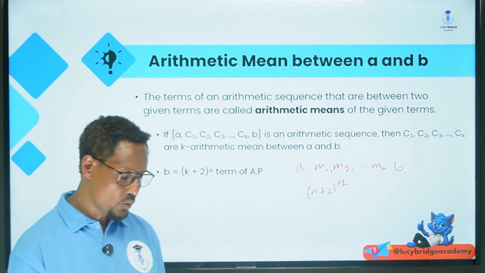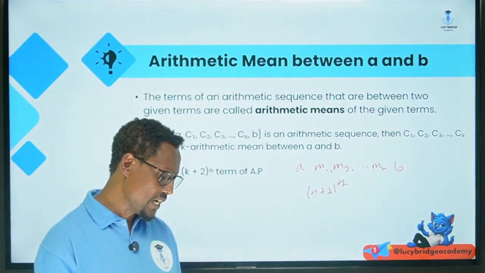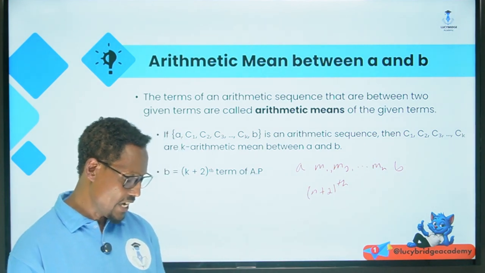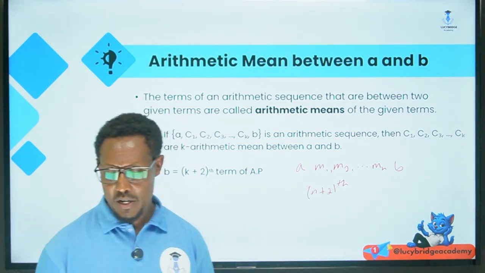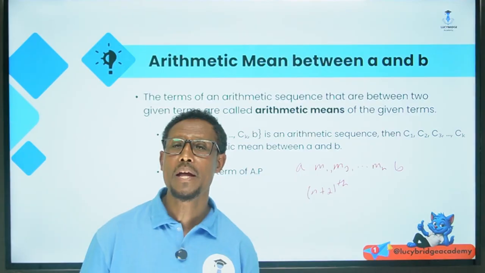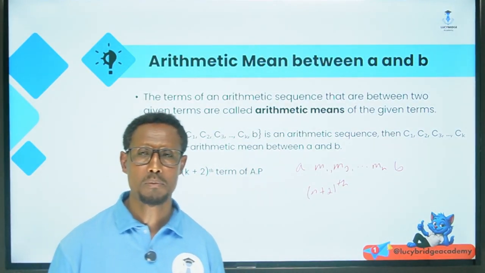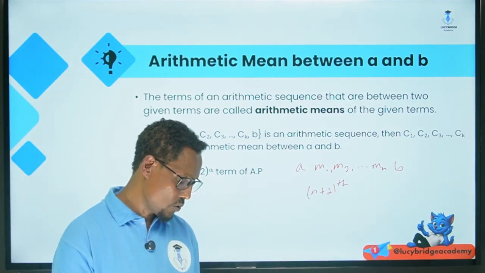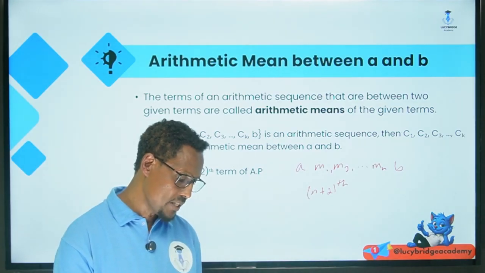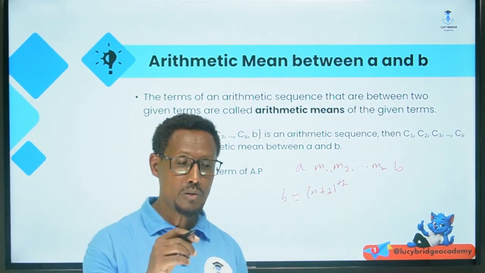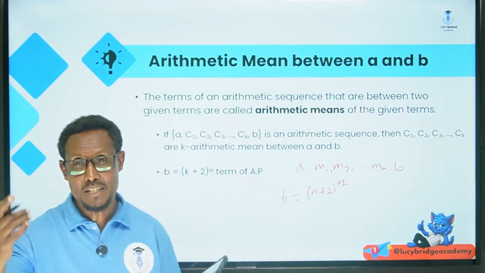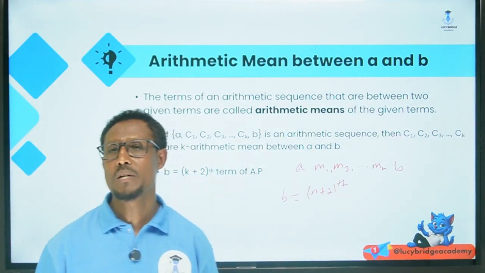Then these terms, which I call M, between A and B are K arithmetic means between A and B. M1, M2 up to Mn will be N arithmetic terms between A and B እንላለን። The total number of terms is K plus 2, so B is the last term, the K plus 2 term.